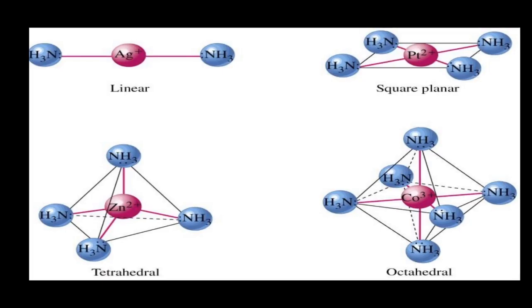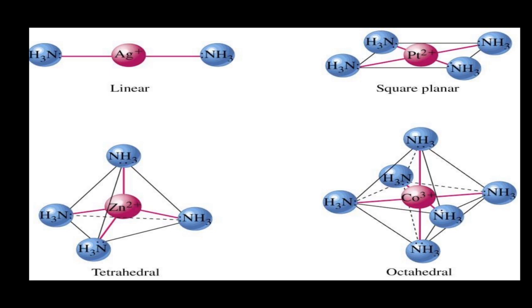Here in this slide, these are the geometrical arrangements in different complexes around the central metal ion. This is a linear complex in which two amino ligands are bonded to the silver ion. In the tetraamino complex of platinum, platinum is at the center and four amine ligands are surrounding the central metal atom in square planar geometry.